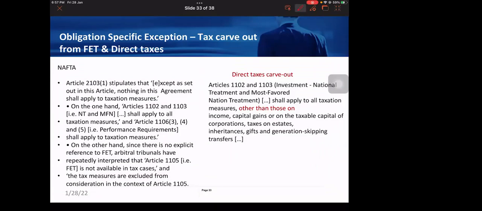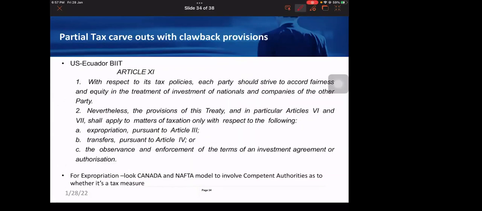And there are some treaties which carve out direct taxes, specifically, with indirect taxes included, for example, NAFTA. I'm not going into it due to lack of time. Now, on partial tax carve-out with clawback provision, for example, the US-Ecuador treaty is very interestingly worded. I like it very much because it says, with respect to its tax policies, each party should strive to accord fairness and equity in the treatment of investment.